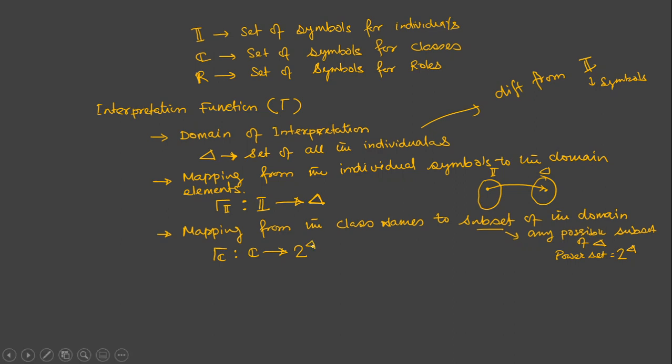So a class symbol C is being mapped. This is the set of all the class symbols, and this is C, and this is your 2 to the power delta, which contains different subsets of delta. And this C is being mapped to one such subset, right?